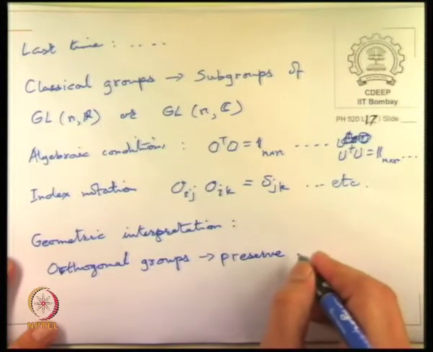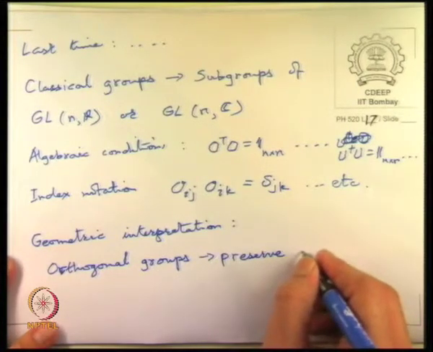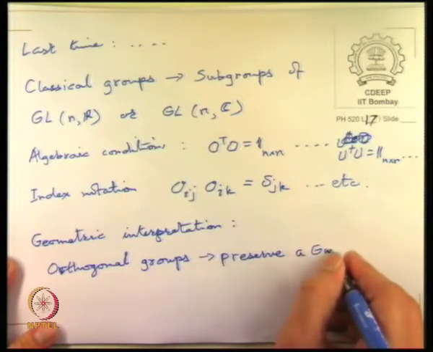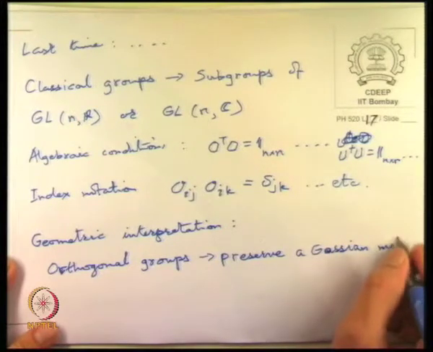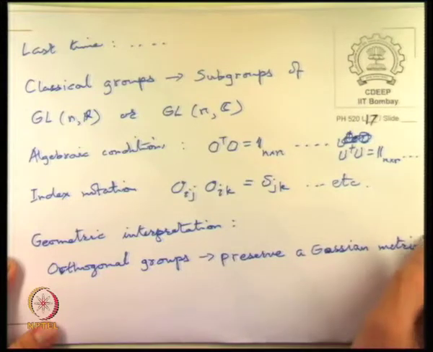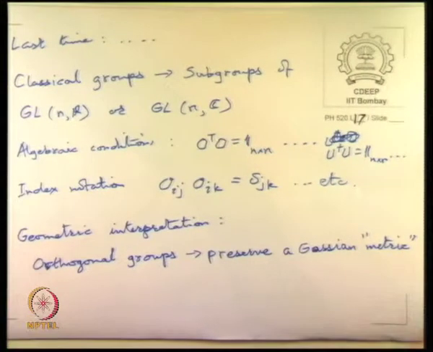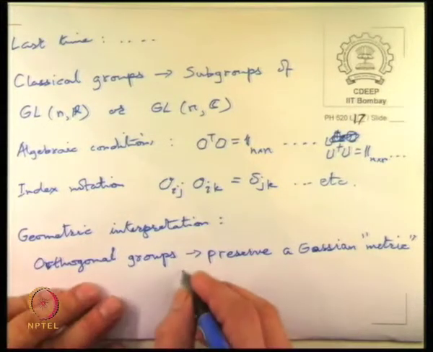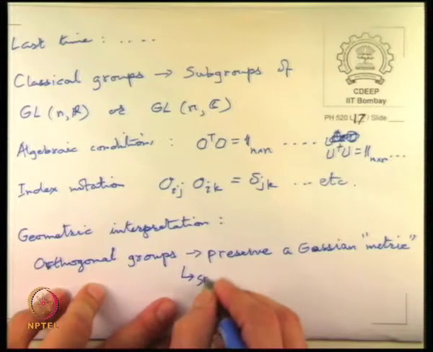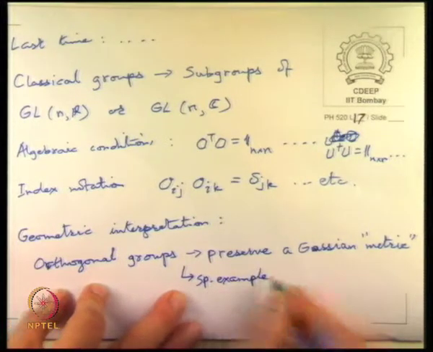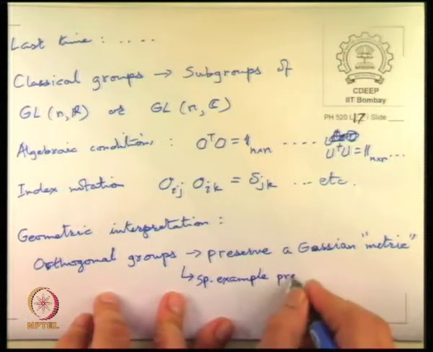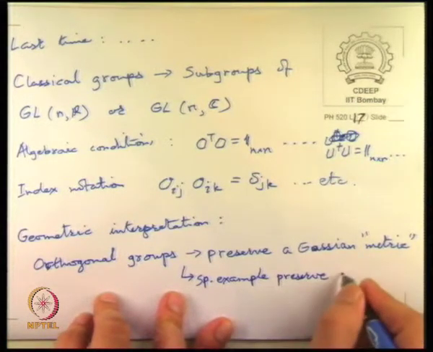Or let us just say they preserve a Gaussian metric, and a special example, preserve the delta metric.